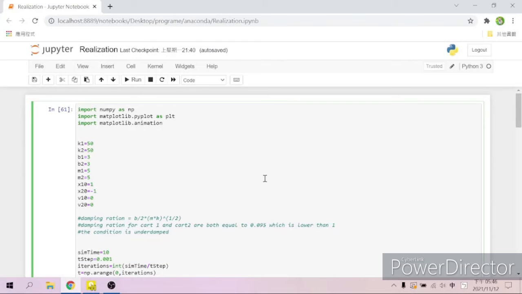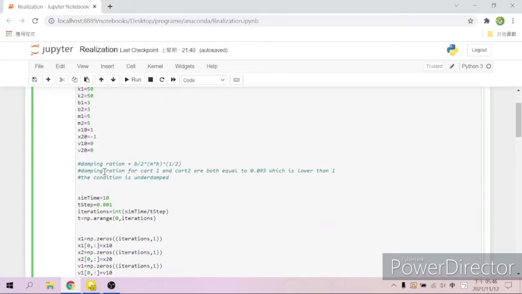This is a 2 degree underdamped spring mass system in Python. First, I set the data of spring constants, damping coefficient, mass, initial displacement, and initial velocity. The damping ratio is equal to the damping coefficient divided by 2 times the square root of mass times spring constant.